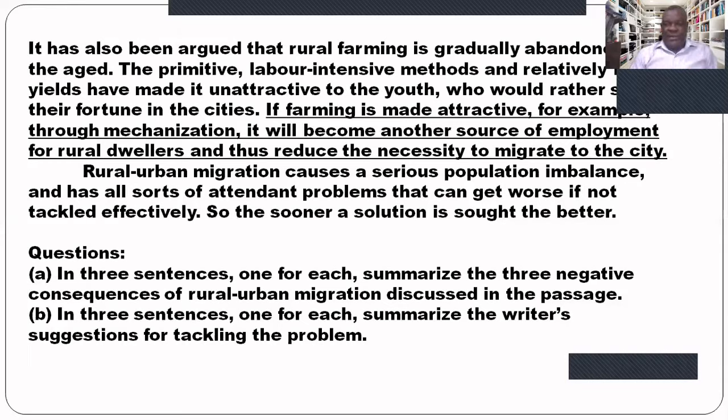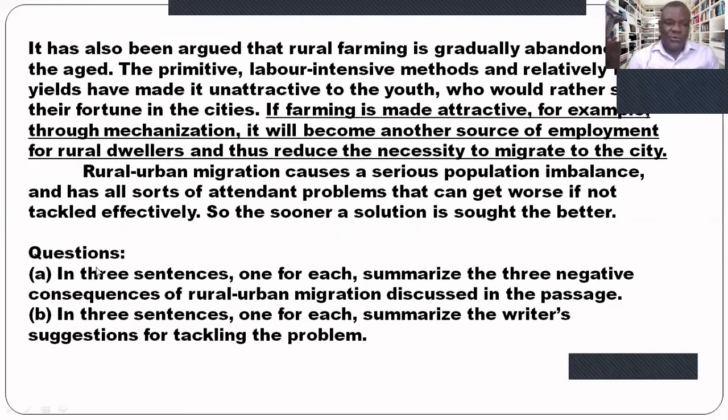So at your level, you need to read the passage and reread it if necessary, and then go back to the question and make sure you understand what you are asked to summarize, and make sure you understand what the passage is about, and then you will be able to extract the specific ideas in compliance with the examiner's demands.